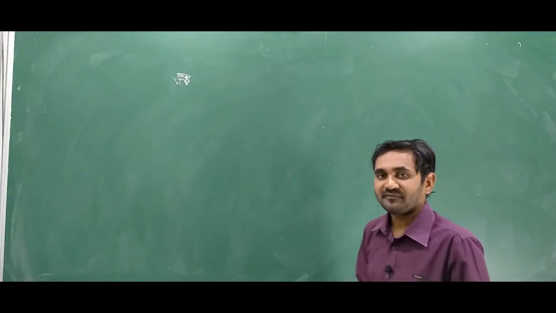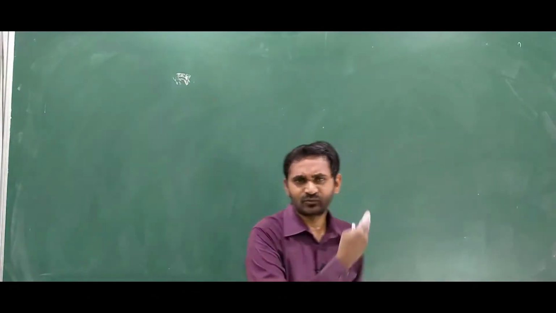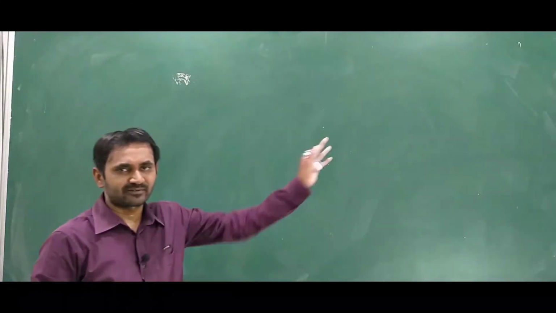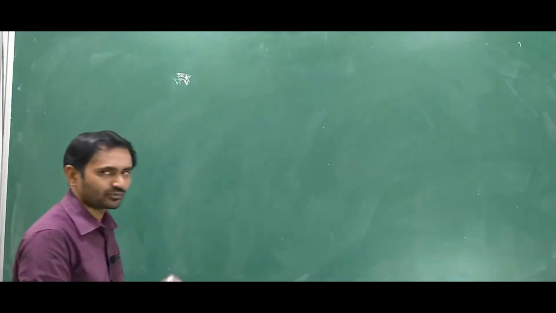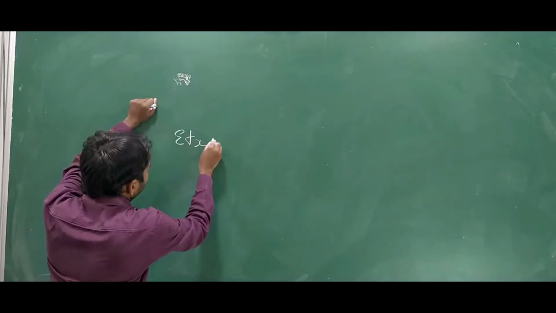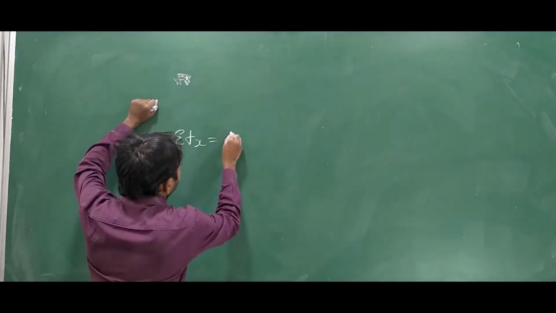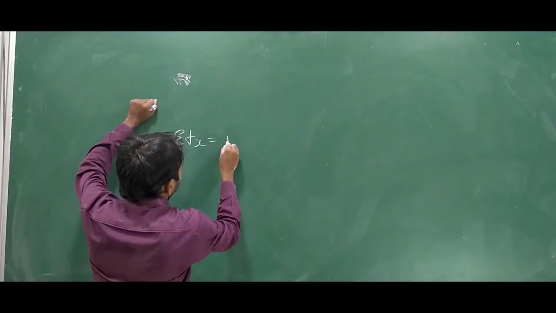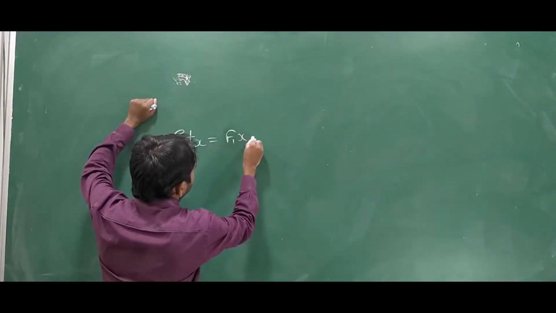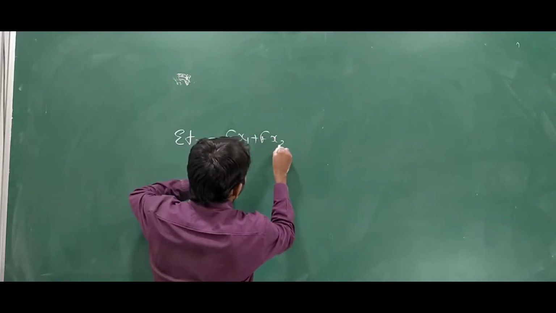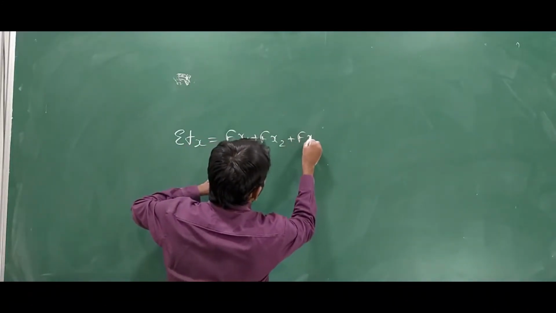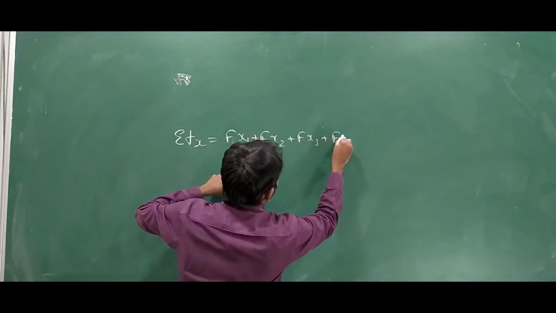Now after solving all f1, f2, f3, f4 in the x-axis and y-axis, you have to add all the x terms to one side. It means sigma fx equals f1x plus fx1 plus fx2 plus fx3 plus fx4.